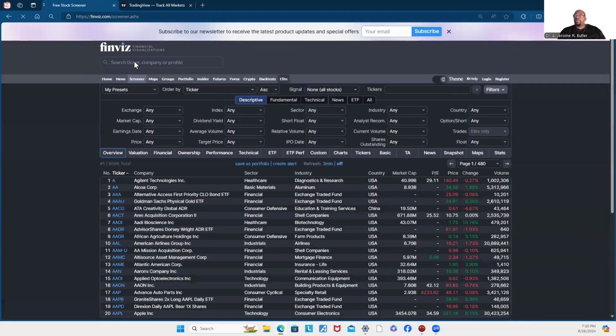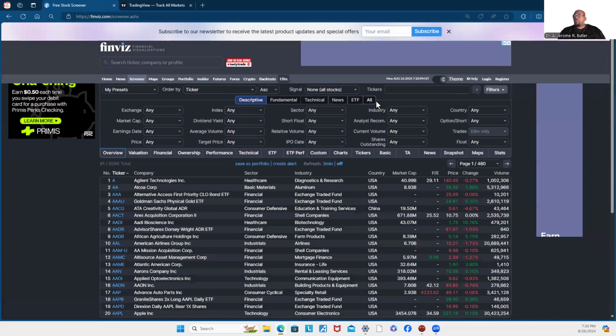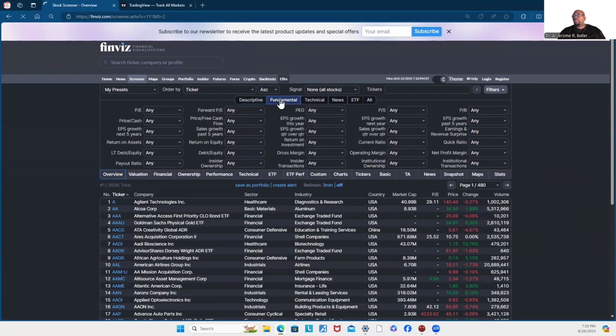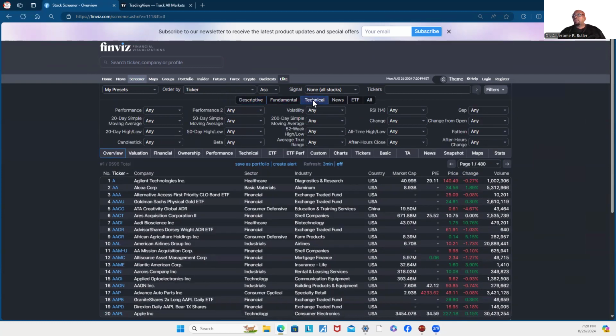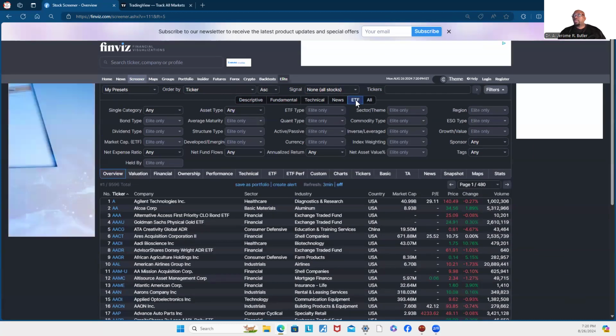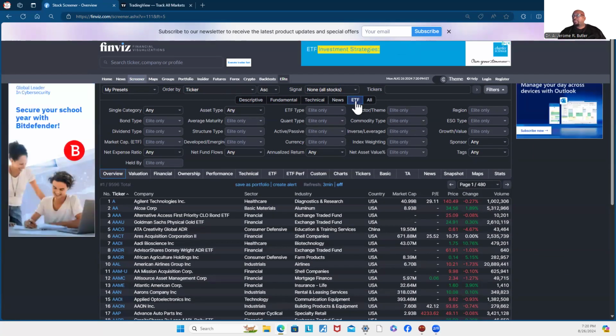You have some categories that run across here: descriptives, fundamentals, technicals, news, and ETFs, and that's only going to be ETFs that are in the exchange. And then you have all.